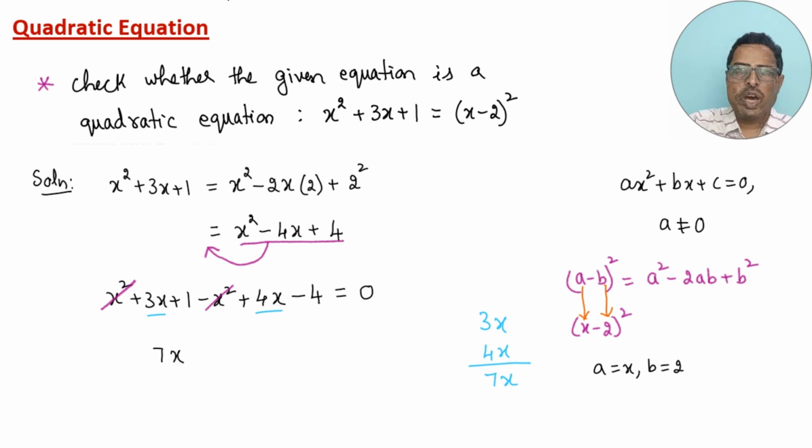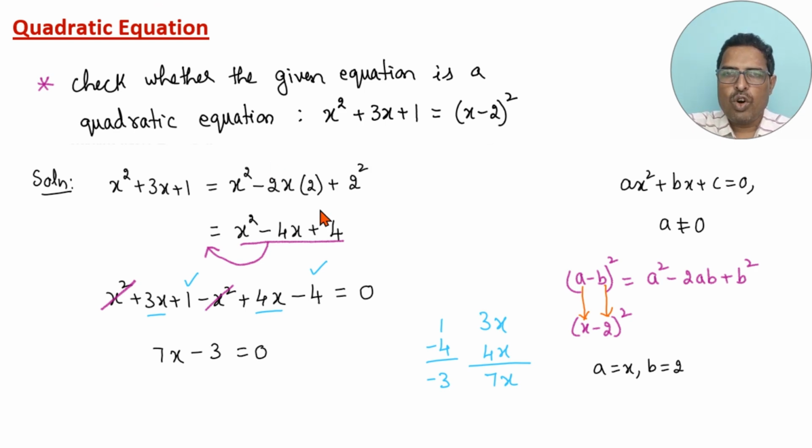Then you have this 1 and minus 4. So 1 minus 4 will be how much? Minus 3, because the greater number is having the negative sign. So we get minus 3 is equal to 0.